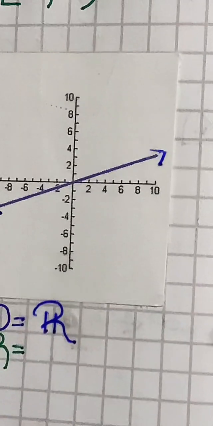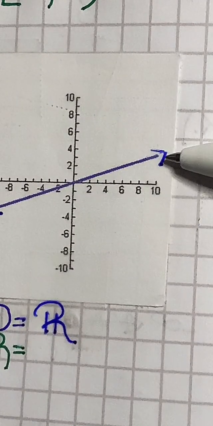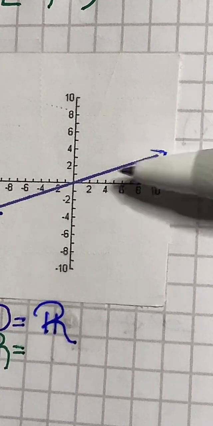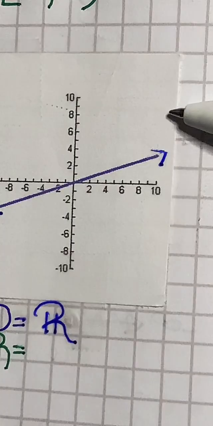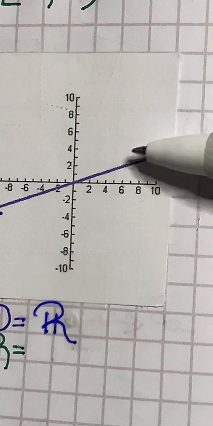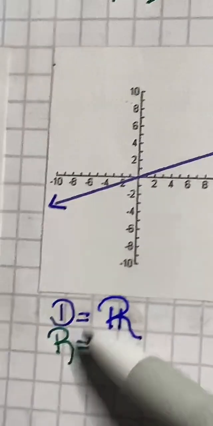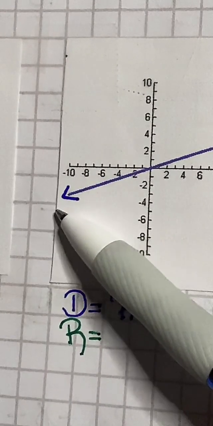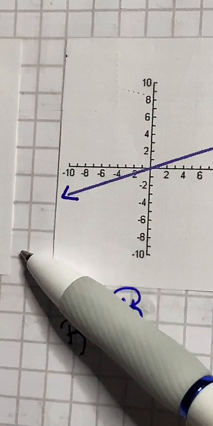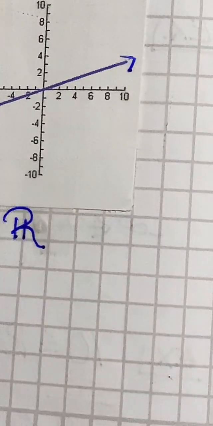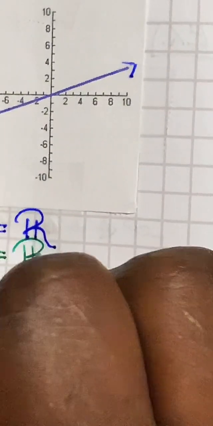But looking at my y's, this is going to keep going on this way, but it's also going up. It's going out and up. So that's going all the way to y in the positive direction. And this is going out and down. So it's going all the way to negative infinity. So your range is also all real numbers.